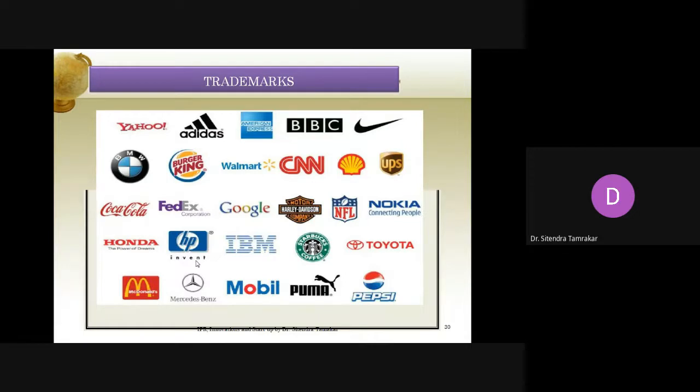But there is no hardcore defined rule for trademarks. Sometimes trademarks can have the same names, and 70 to 80% of the design can be the same, but not 100%. Sometimes people get confused between two trademarks.